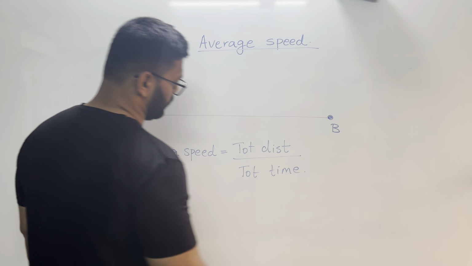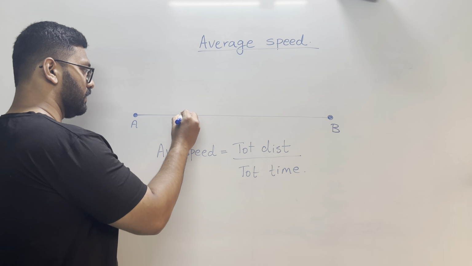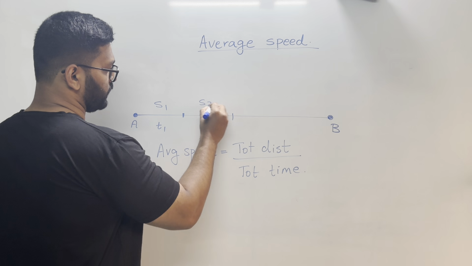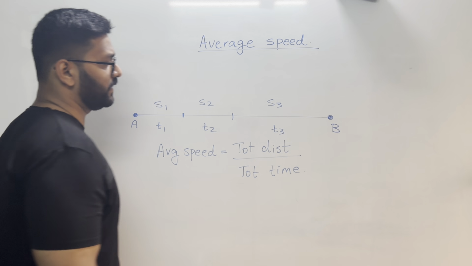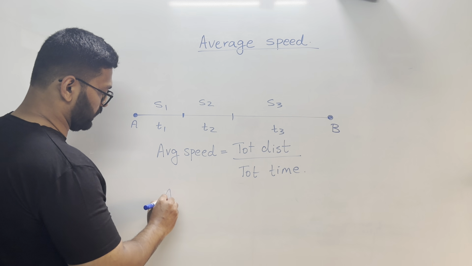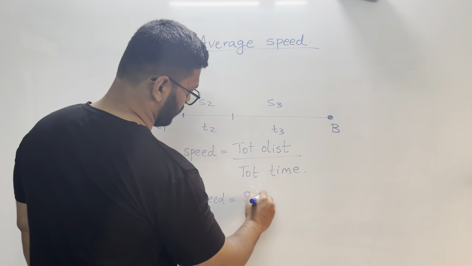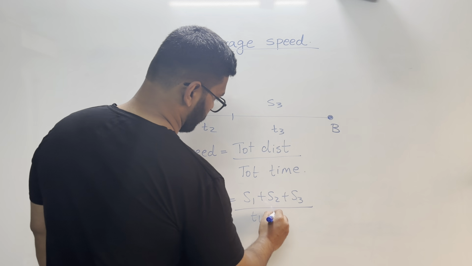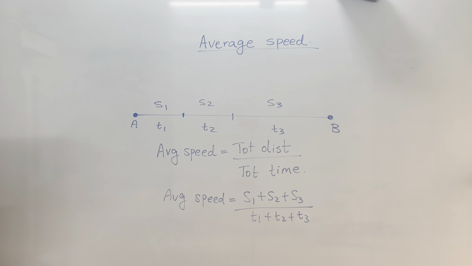Suppose it covers S1 distance in T1 time, S2 distance in T2 time, and the remaining S3 distance in T3 time. Then the average speed is total distance, S1 plus S2 plus S3, divided by T1 plus T2 plus T3.